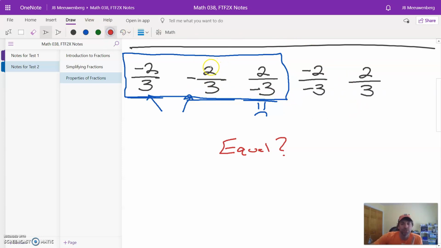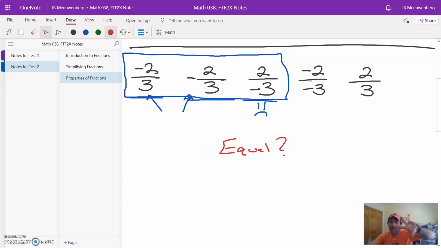Many times, people will confuse this one right here and think it's that, thinking that a negative out front means that both the top and the bottom, both the numerator and denominator, are negative. That is not true. Let me even erase those lines. This one means -2 divided by -3.